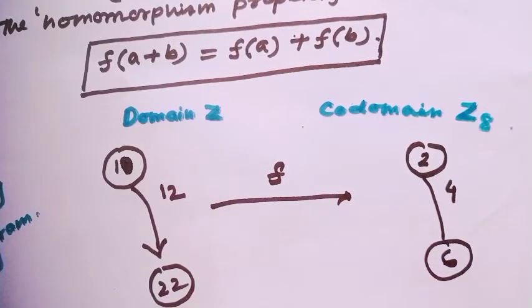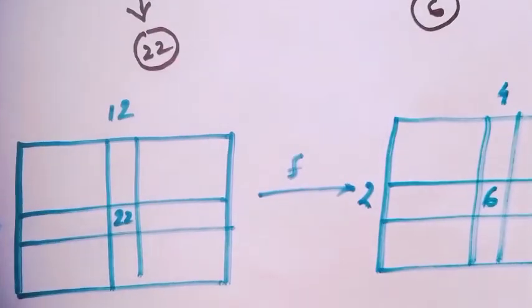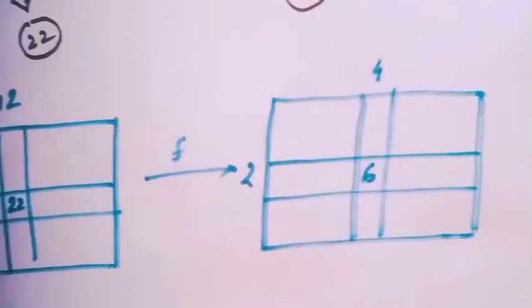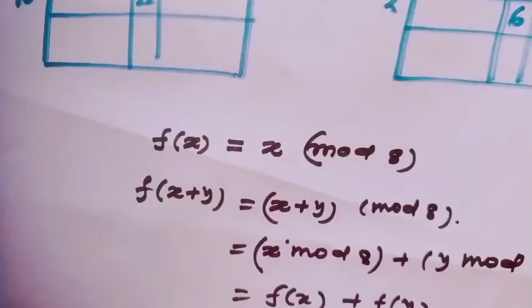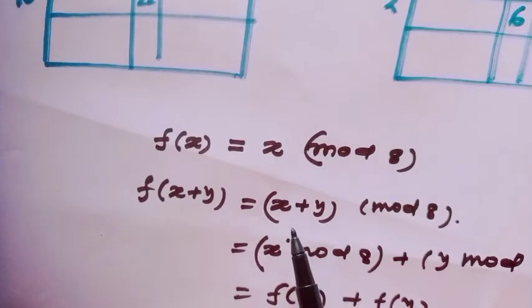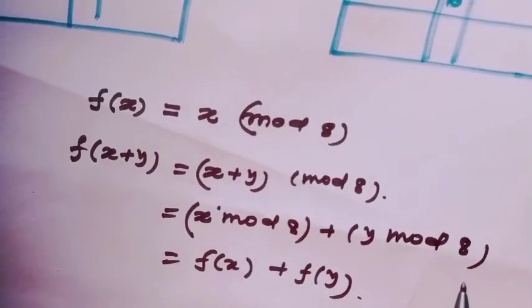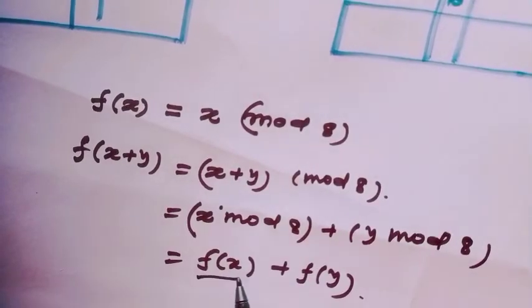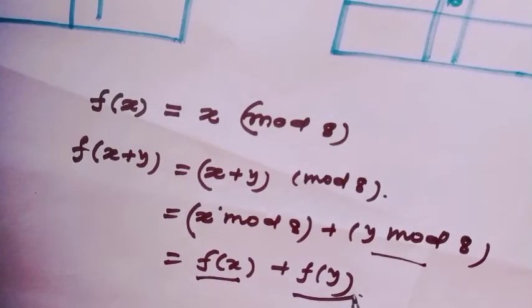So, the homomorphism condition is satisfied here. Well, in general, f of x equal to x modulo 8. Then, what is f of x plus y? f of x plus y equal to x plus y modulo 8, which is similar to x modulo 8 plus y modulo 8. This is f of x and this is f of y.